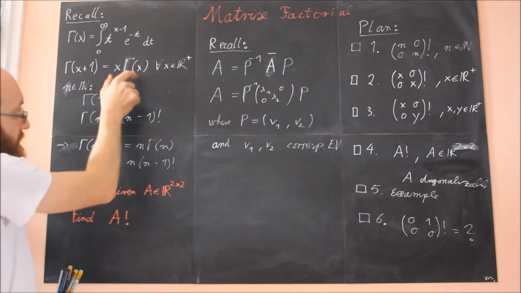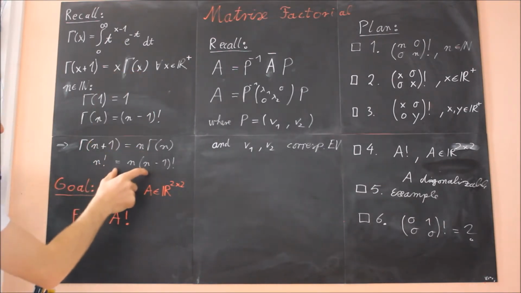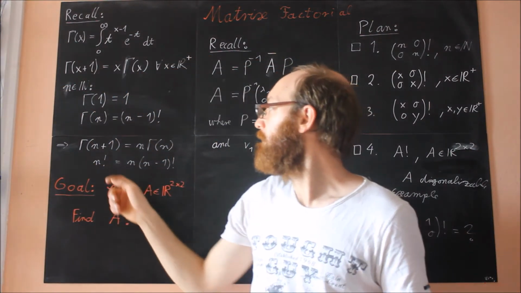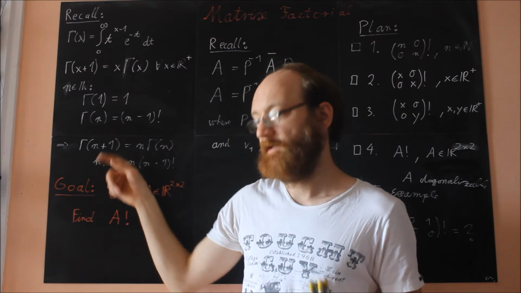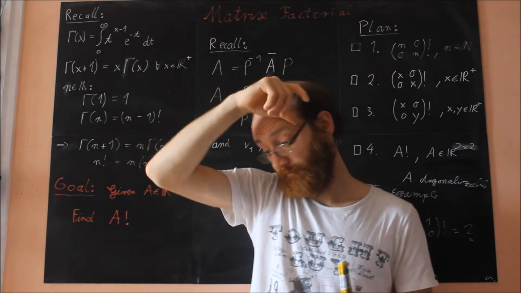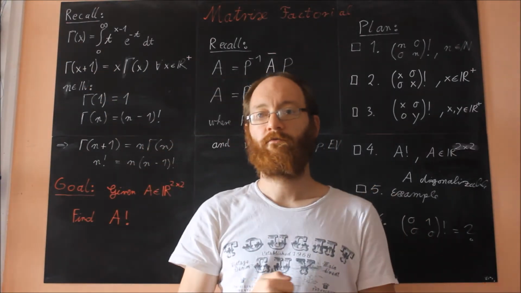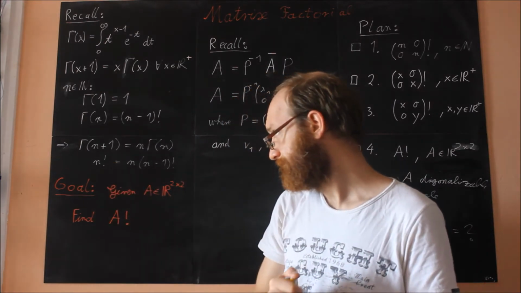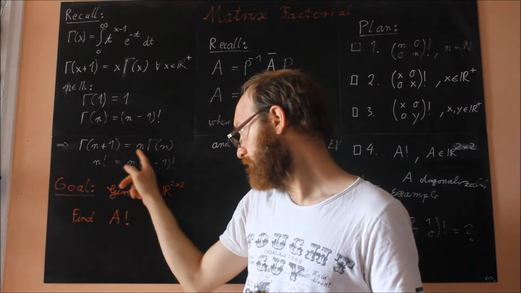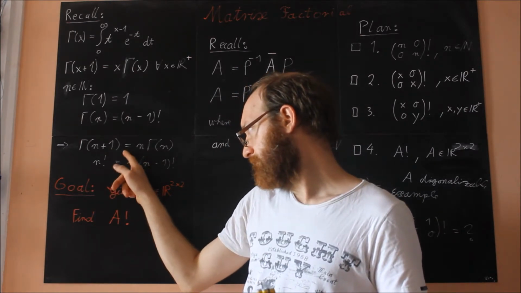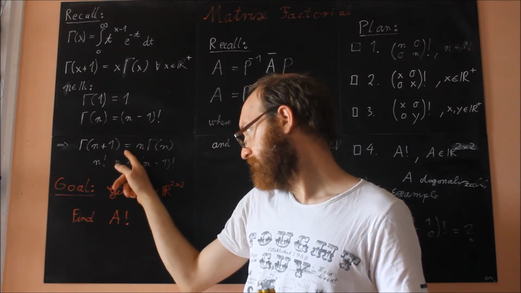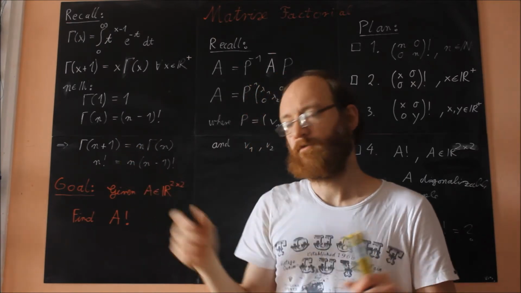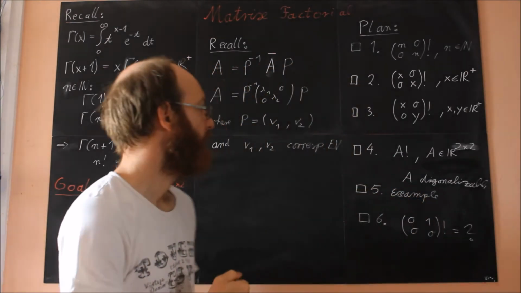With this recursion, it makes sense to say that gamma of x is a nice extension of the factorial. We will make use of this reduction formula, or the recursion.